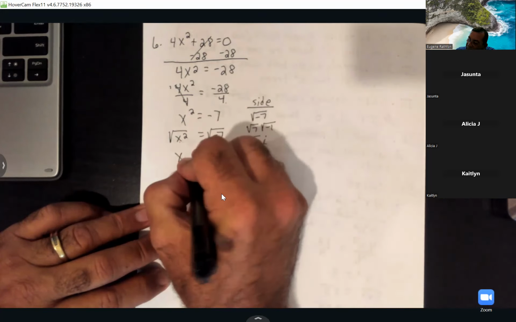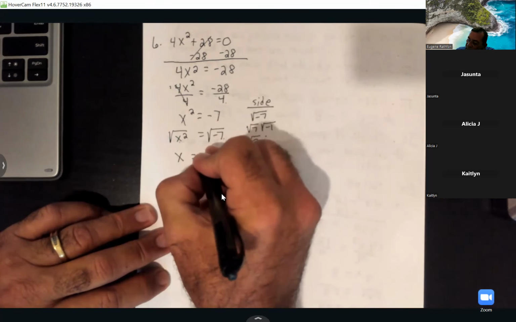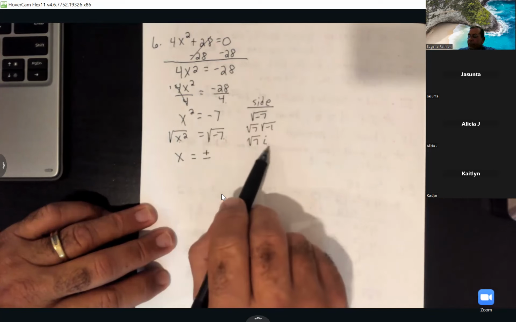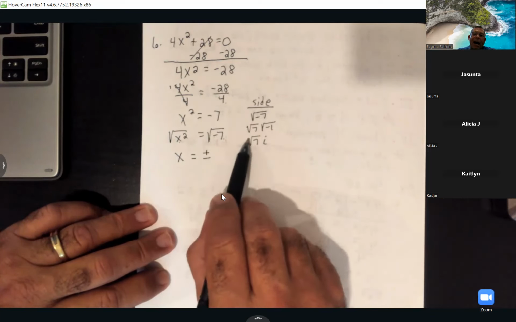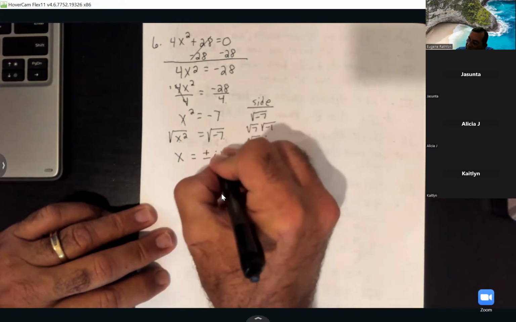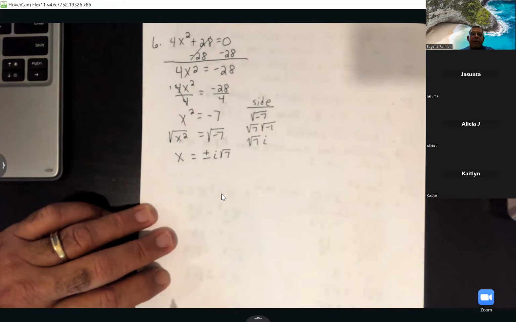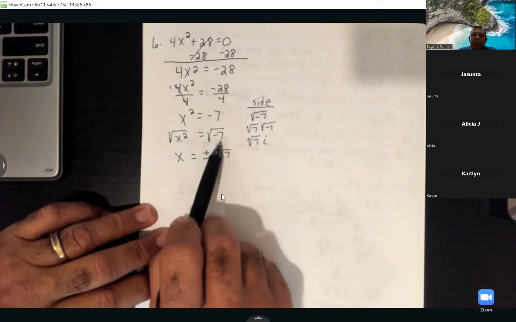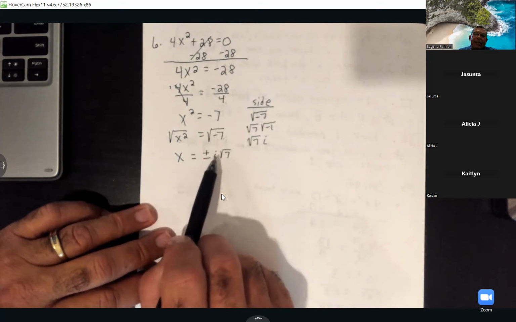So this will give me my x equals a plus or minus. Now remember, I always put my i's in front of my radicals. So for me, I would probably put an i square root of 7. Notice, you couldn't do nothing with the 7, but you got to bring the negative out as an imaginary number, okay?